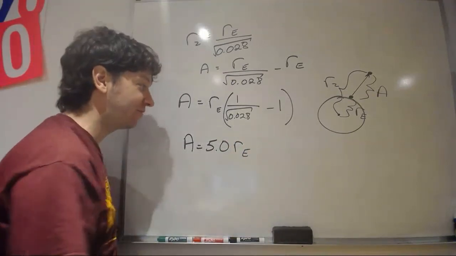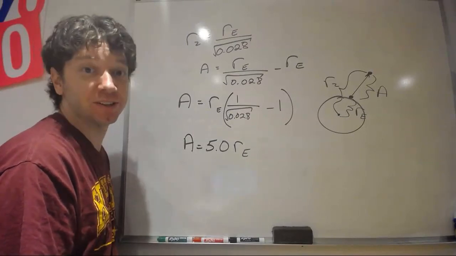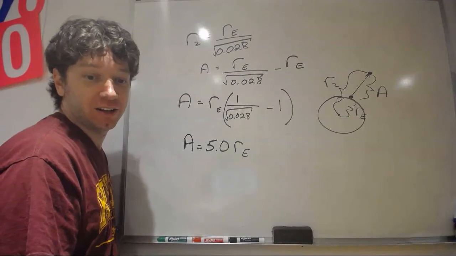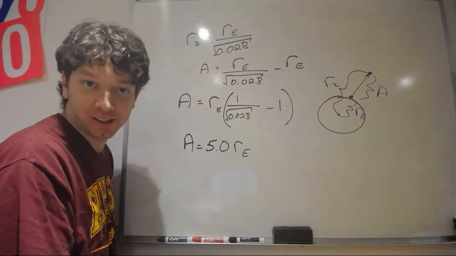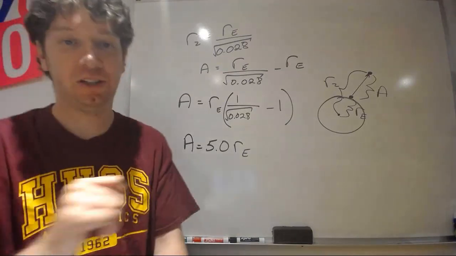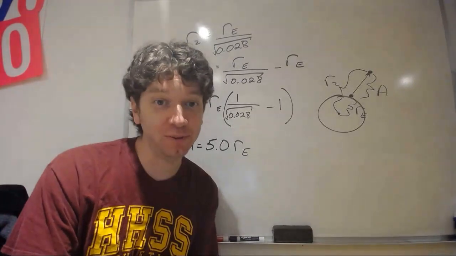Okay, so that means if your altitude was 5 times Earth's radius, the force on you would be 2.8% of what it was when you're on the Earth. Okay, and that's it for Chapter 3 and our first unit.